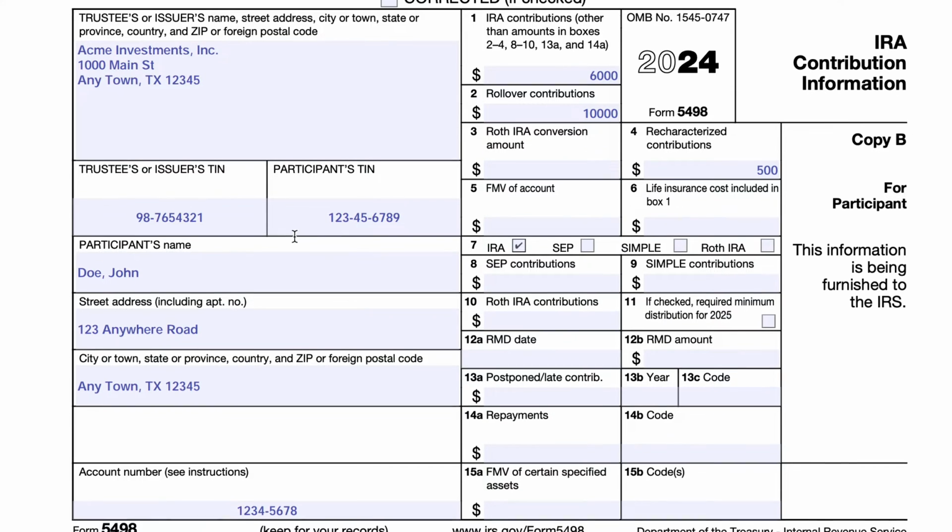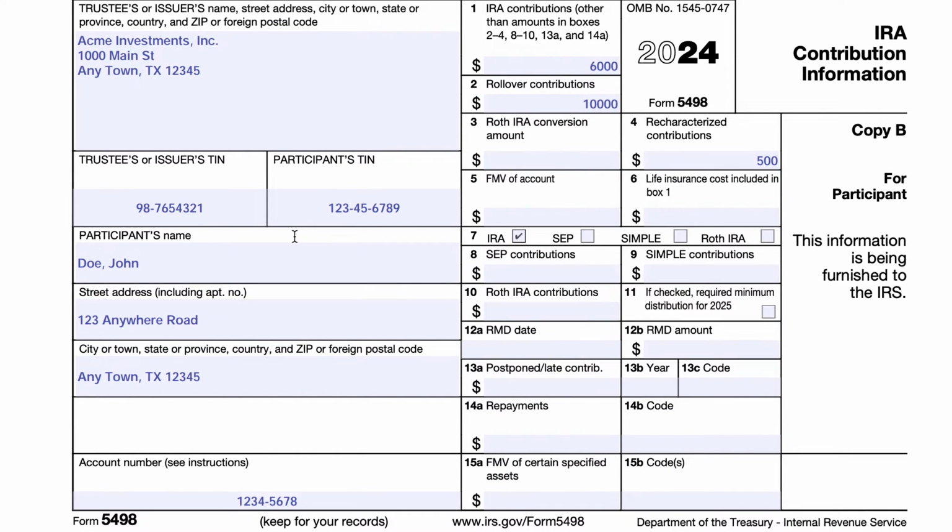And then there's a copy C that's usually for the custodian's records. As with most information returns, on the left-hand side, you'll see the taxpayer information, both the account holder's information as well as the trustee or the issuer. That's the fancy name for the financial institution. So we'll go ahead and start on the left-hand side of this form as we go through it.